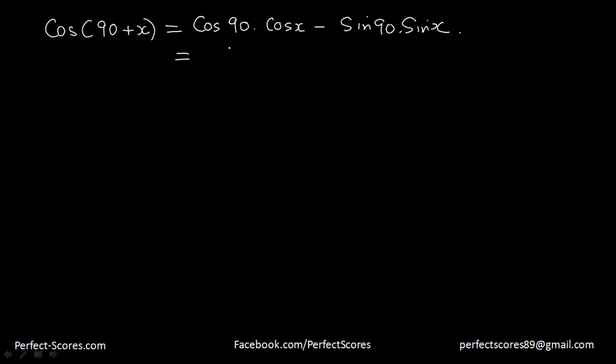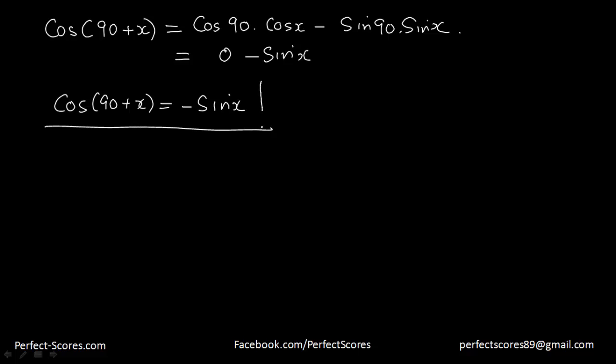So since we know that cos of 90 is 0, this is going to be 0, minus sine of 90 is 1, sine x. So that means I know that the value of cos of 90 plus x is actually equal to negative sine x. So that is already there.